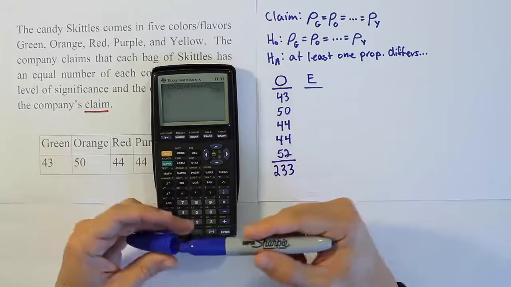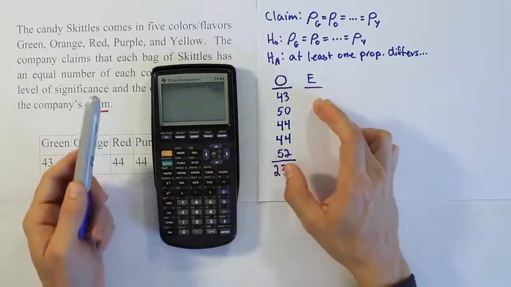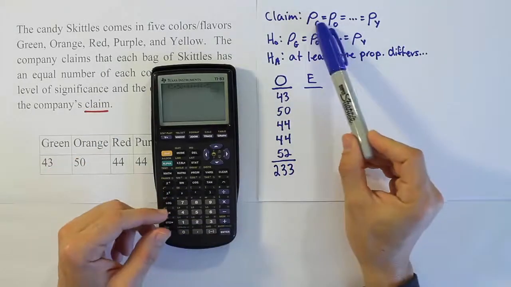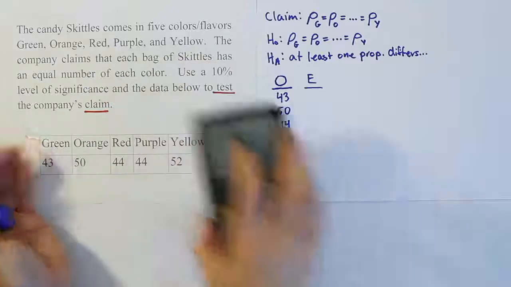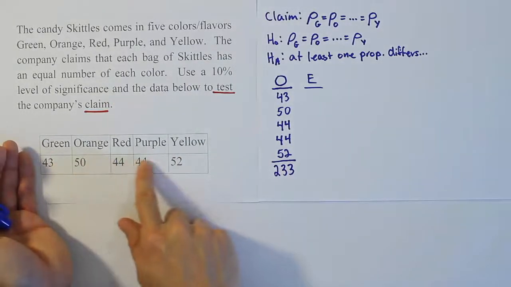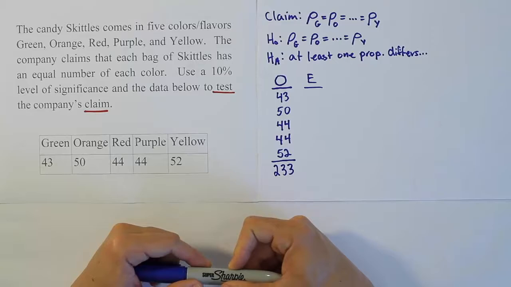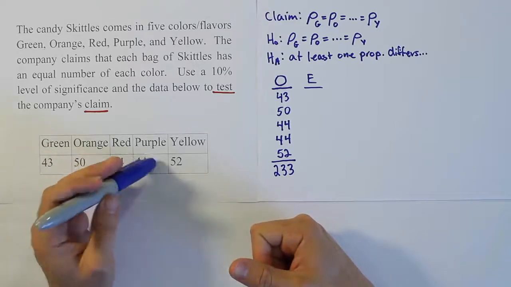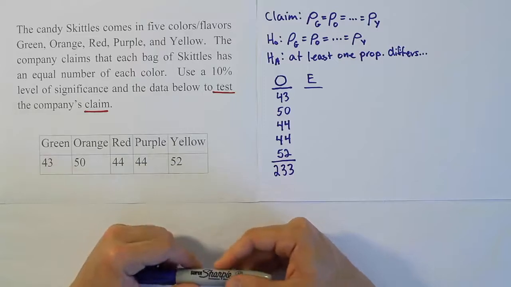All right, now what we're going to do is take that n and multiply by each of the corresponding probabilities for these cells. Now, if they're all supposed to be equal to one another, and we have a total number of categories of 1, 2, 3, 4, 5, then that would mean essentially that each must be 20% of the bag, right? 20, 40, 60, 80, 100. Or you can say that each must be 1/5.